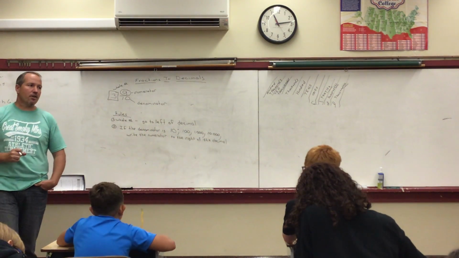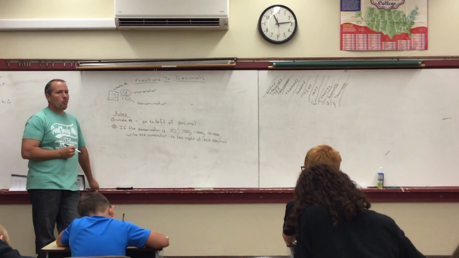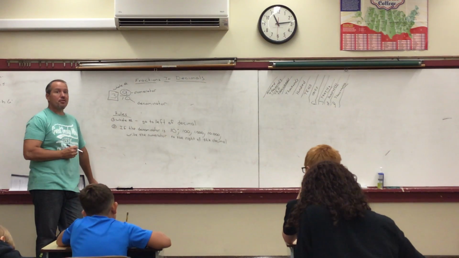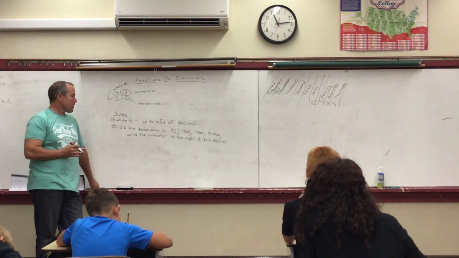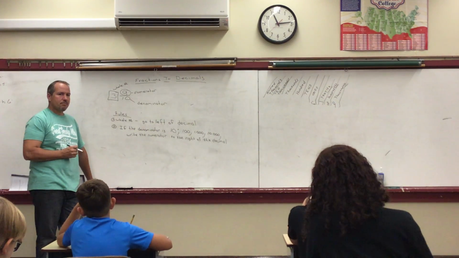So if the denominator is 10, 100, 1,000, or 10,000, you're simply going to write the numerator to the right of the decimal.